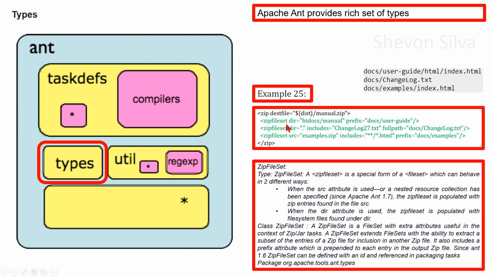Type zip file set. A zip file set is a special form of file set which can behave in two different ways. When the src attribute is used or a nested resource collection has been specified, since Apache Ant 1.7, the zip file set is populated with zip entries found in the file src.